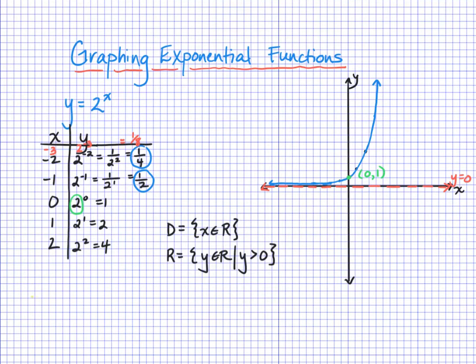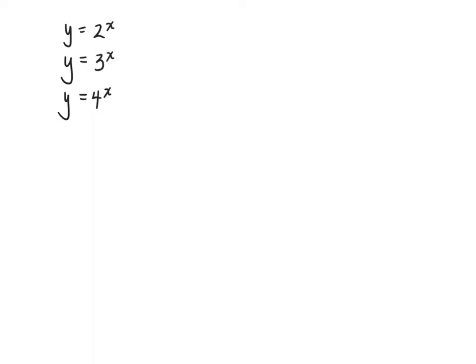Notice that it really wouldn't matter what this base was. If I raise any number to the exponent 0, I'm going to get a value of 1. So if I were to graph a different function such as y equals 3 to the x or 4 to the x, I'm always going to have a y-intercept of 1. That's one of the characteristics of our exponential functions.